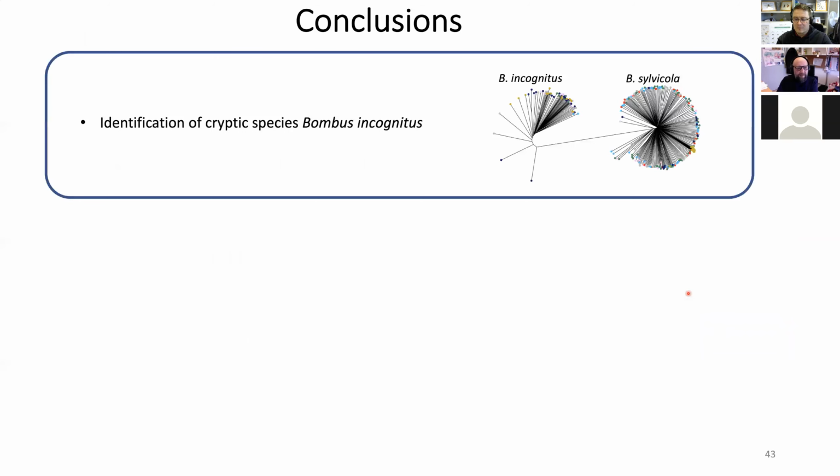Just to conclude, we infer that there's a cryptic species amongst our samples which hadn't been observed before, and which we haven't so far found any morphological differences between it and sylvicola, although we infer that it diverged around 400,000 years ago.